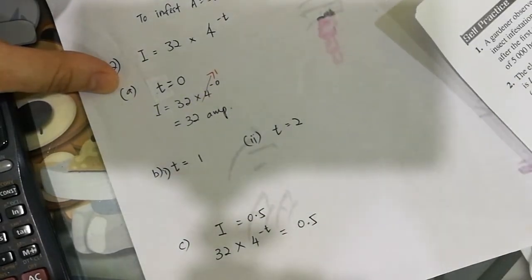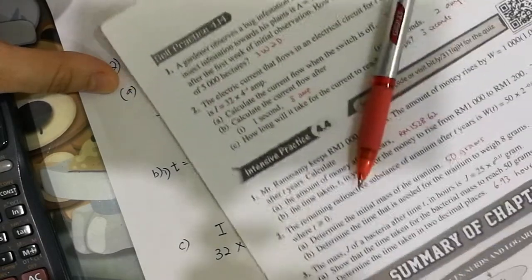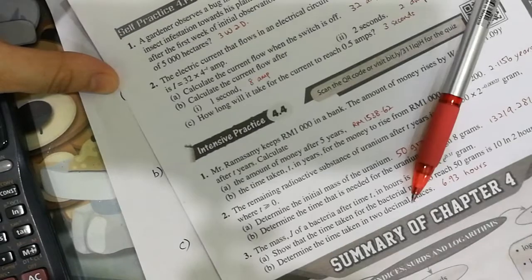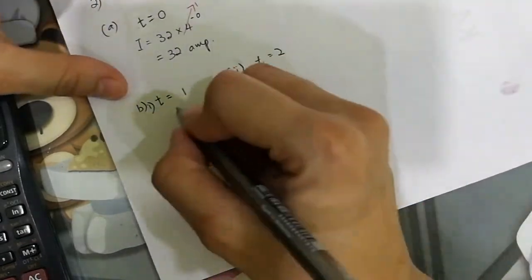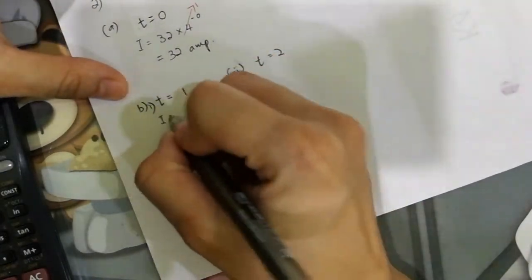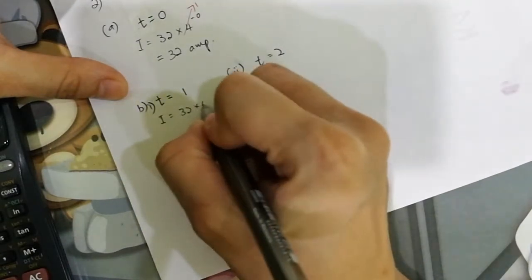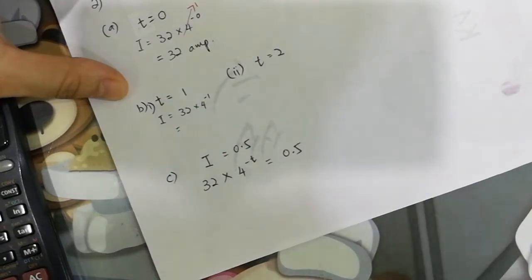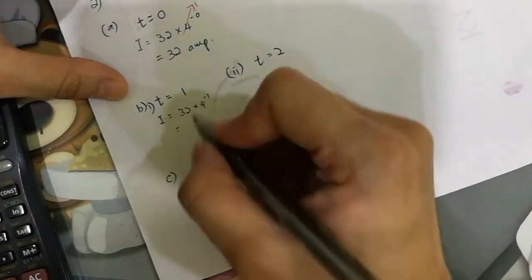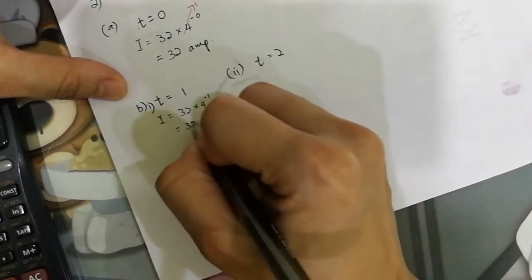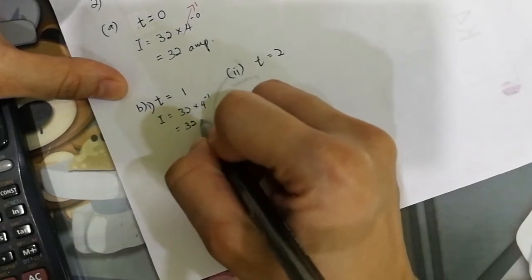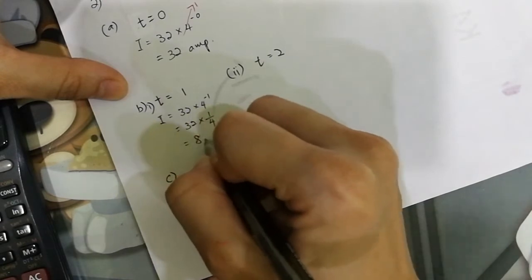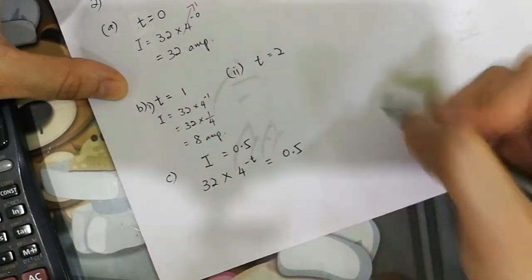Then calculate the current flow after 1 second, and another one after 2 seconds. 1 second means t equals 1. Same thing, 32 times 4 power negative 1. Negative 1 means by the index law, 1 over 4. That means 8 ampere.